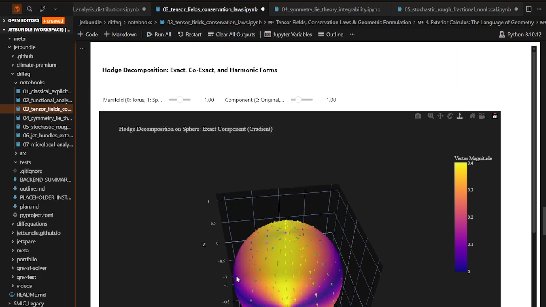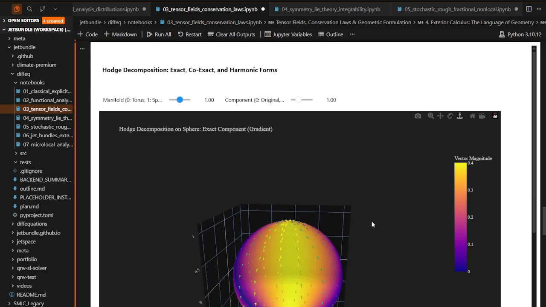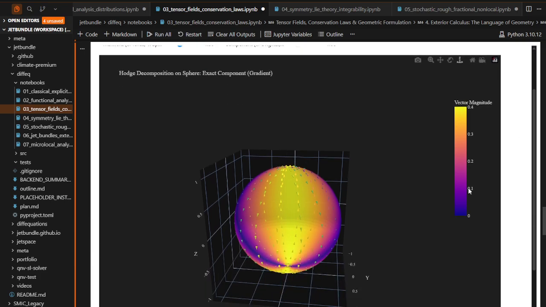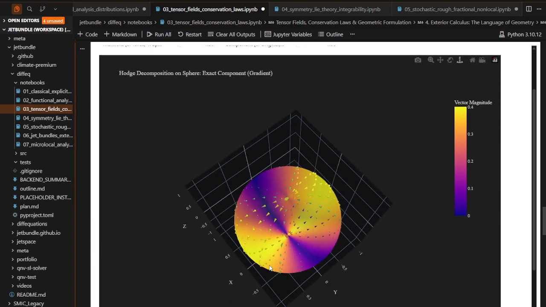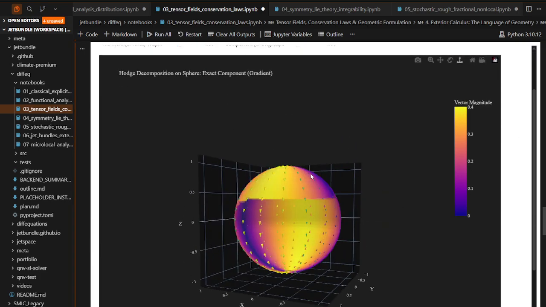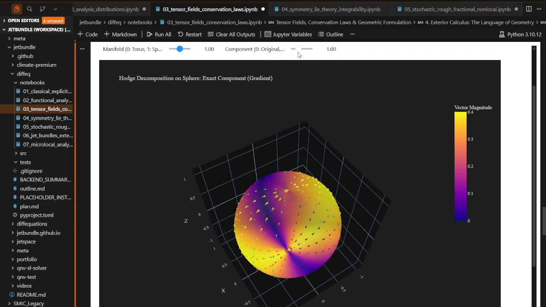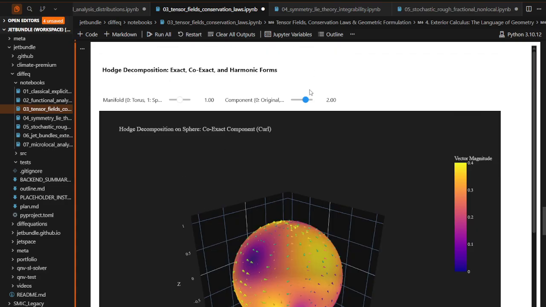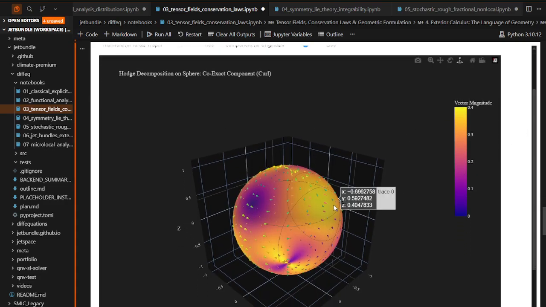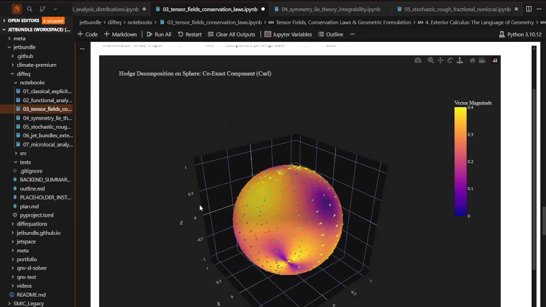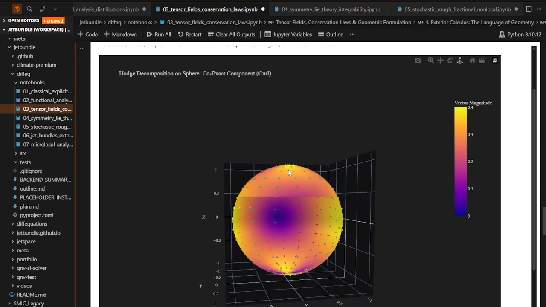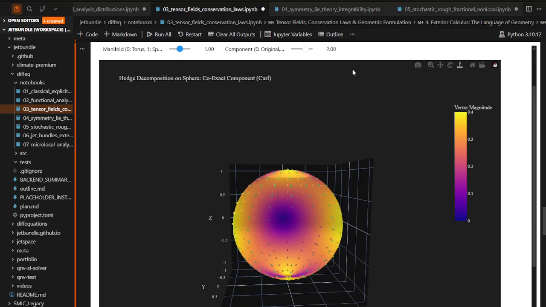This is fundamentally what we talked about, and this connects to the very first integration by quadrature episode, right? But if we also look at the coexact component, we can see the rotational parts of the field acting on this manifold.